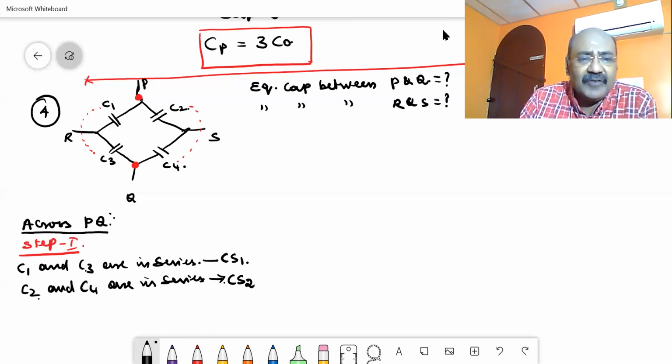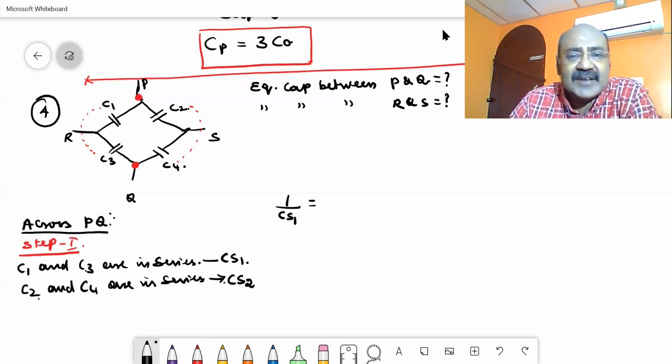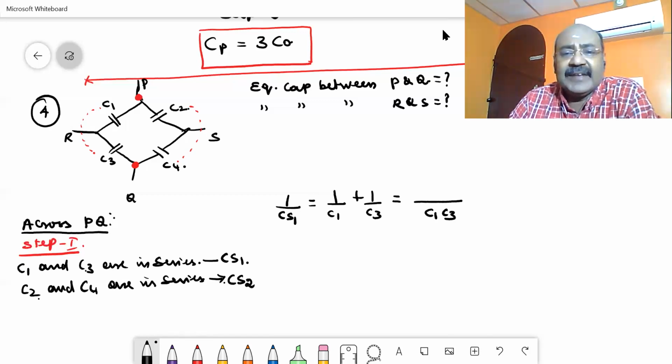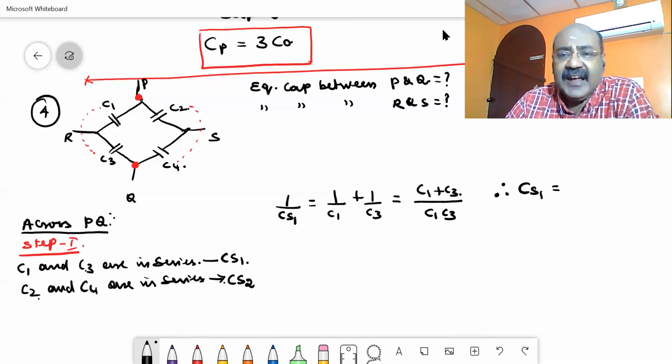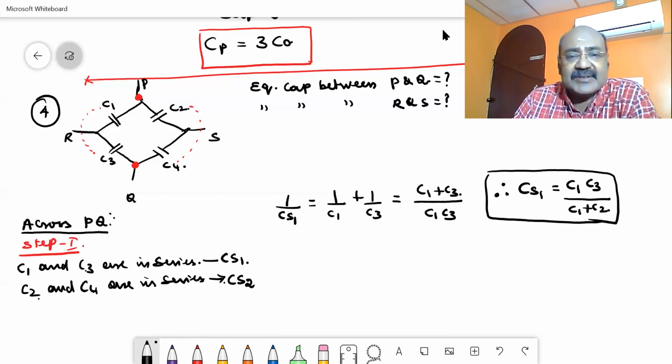So first of all, I am calculating 1 divided by CS1. So 1 divided by CS1 is 1 by C1 plus 1 divided by C3. Taking the LCM, you will be getting C1 plus C3 over C1 C3. Therefore, CS1 is equal to C1 C3 divided by C1 plus C3. Hope you should have understood this. Then, what is 1 by CS2?